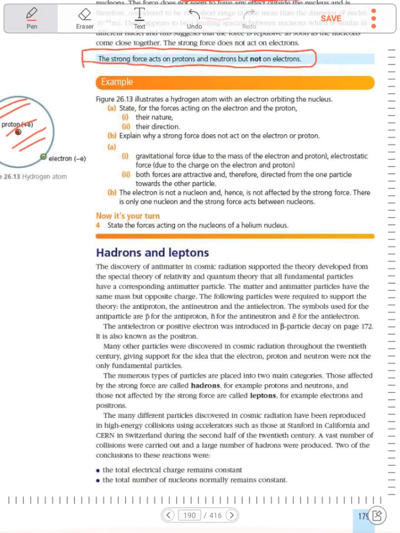The discovery of antimatter in cosmic radiation supported the theory developed from the special theory of relativity and the quantum theory. The numerous types of particles are placed into two main categories. Those affected by a strong force are called hadrons, for example protons and neutrons, and those not affected by a strong force are called leptons, for example electron and positron.